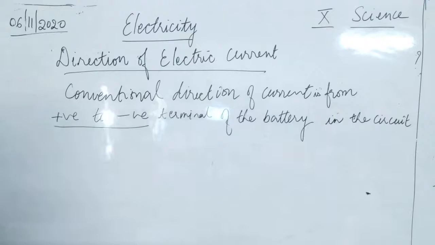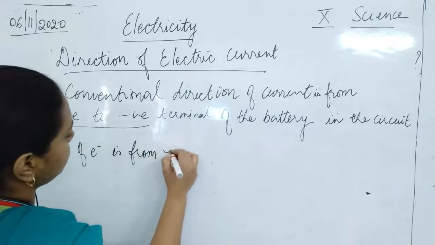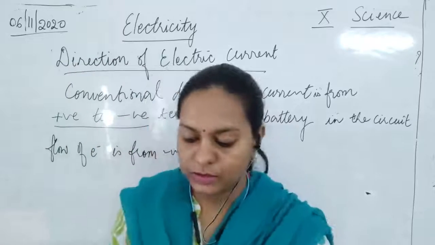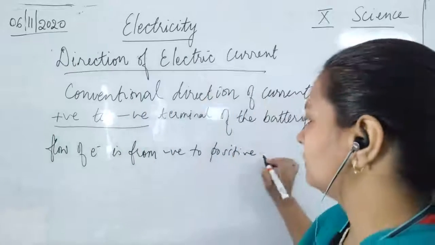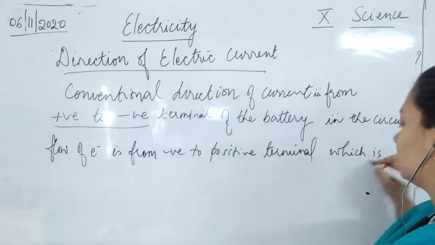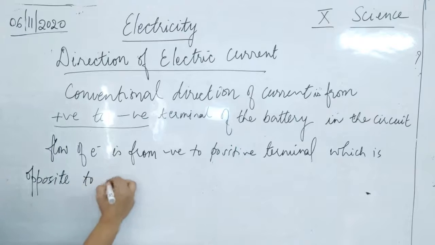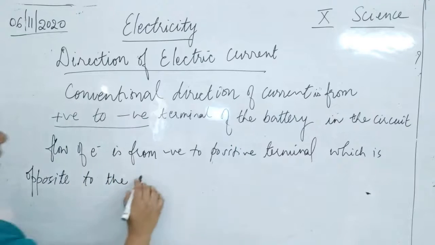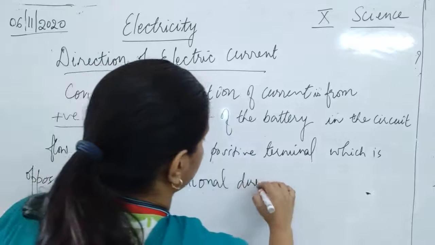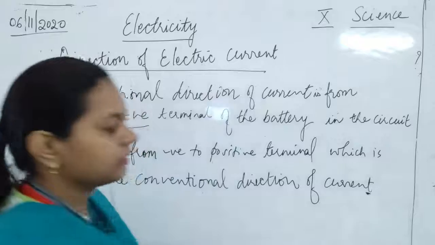But the flow of electrons is from negative to positive, okay, negative to positive terminal, which is just opposite to the conventional direction of current.